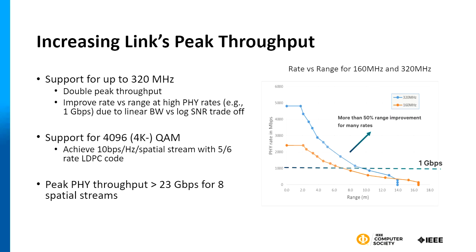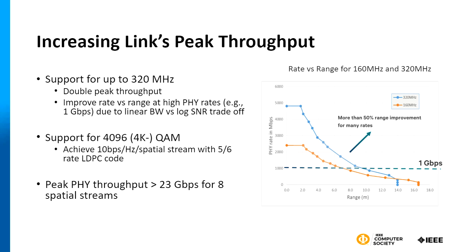As per tradition, we start with the PHY layer of EHT, and this is going to cover the main improvements that were brought to the PHY from 11be. As I mentioned, we added support for the 320 megahertz bandwidth. Moving from 160 to 320 gives an obvious double peak throughput, and it also improves the rate versus range at high PHY data rates.